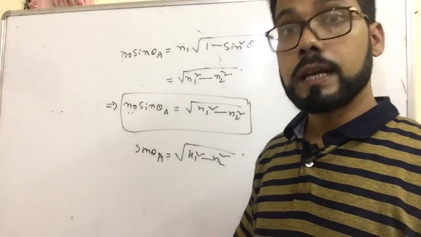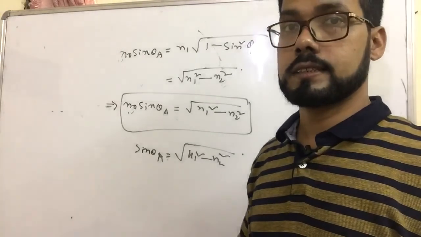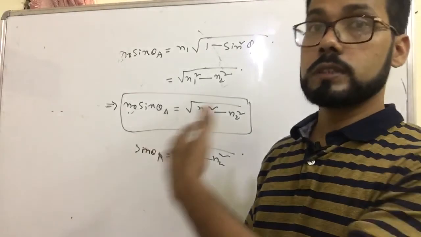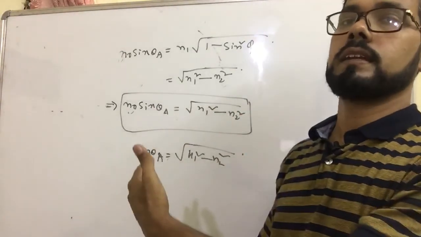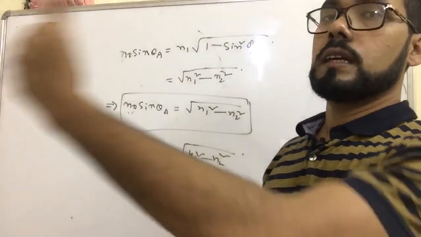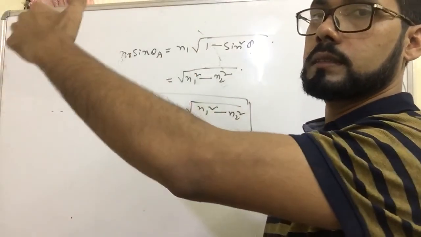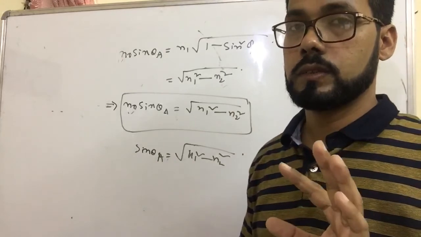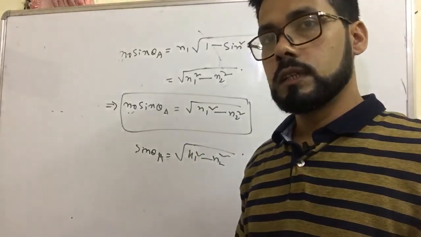Critical angle and the phenomenon of total internal reflection you can understand using ray theory. Beyond that, how the electromagnetic wave propagates from source to destination inside the cable, you cannot explain with ray theory.